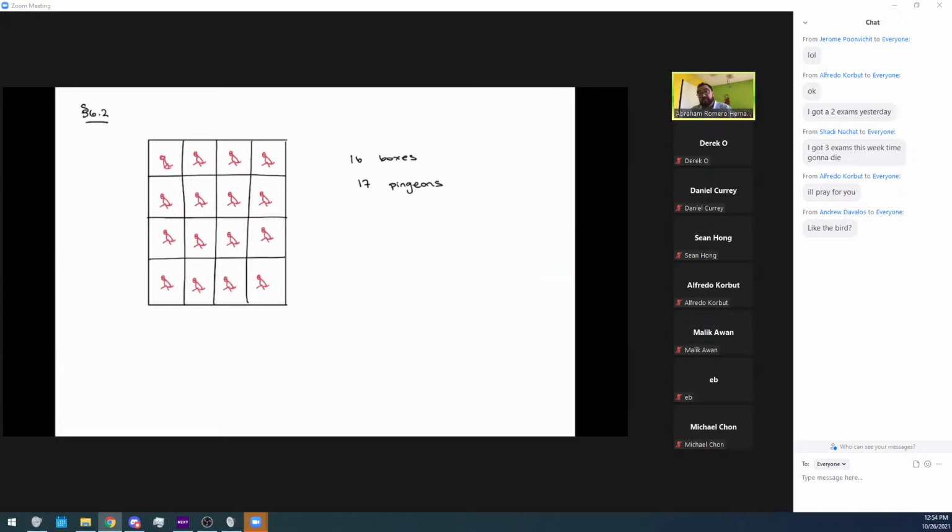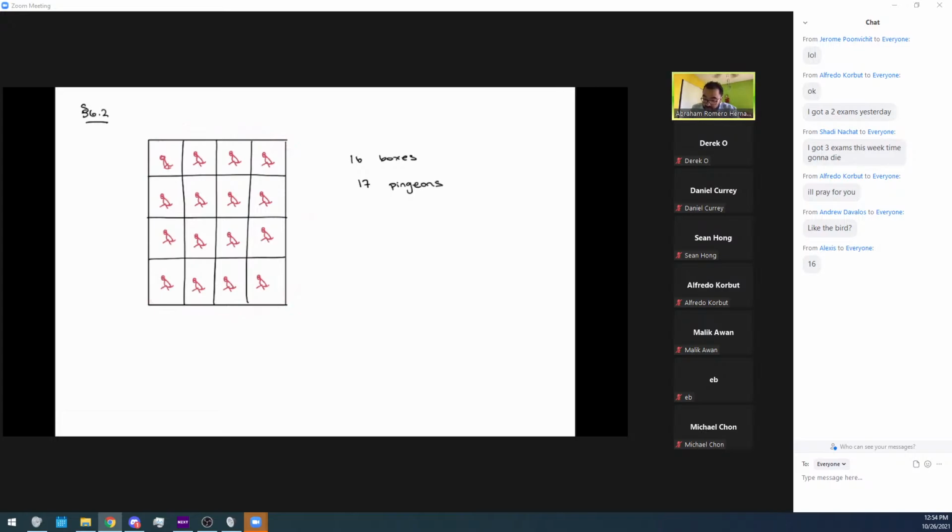But how many pigeons is that in total? Yes, pigeon like a bird. How many pigeons do we have here in total in each one of these pigeonholes? How many pigeons do I have here so far? 16.